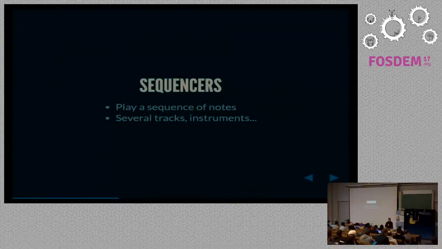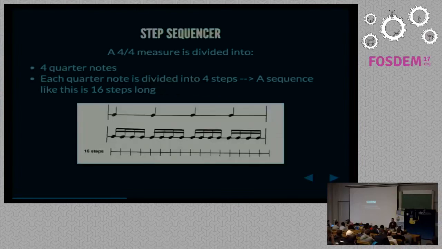So it brings me to the definition of a sequencer. A sequencer is meant to play a sequence of notes, and you can have several tracks at the same time. That's how you build a song, actually. A step sequencer is a special kind of sequencer which uses subdivisions of time.